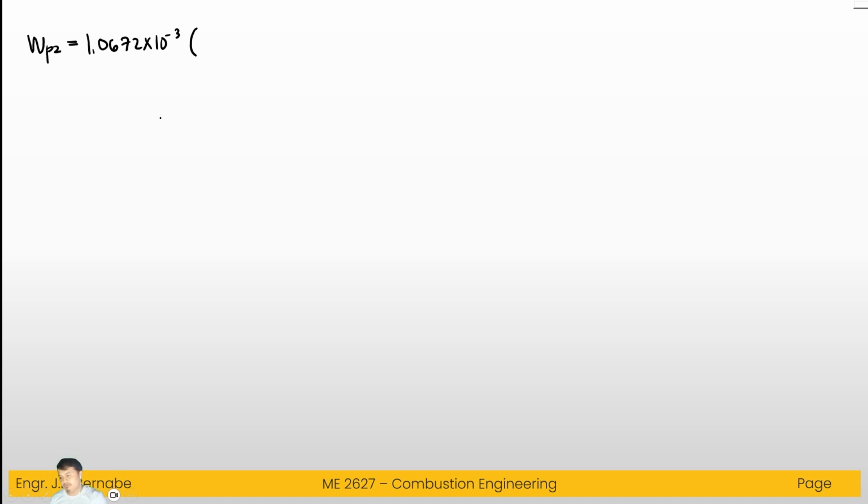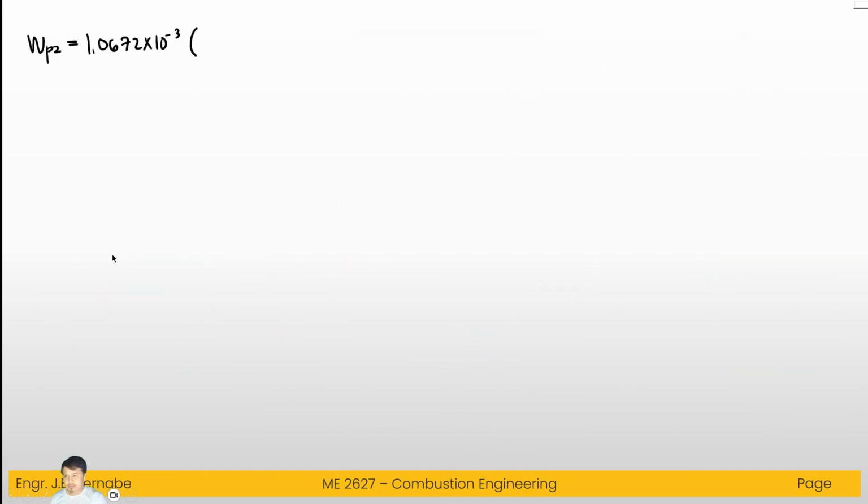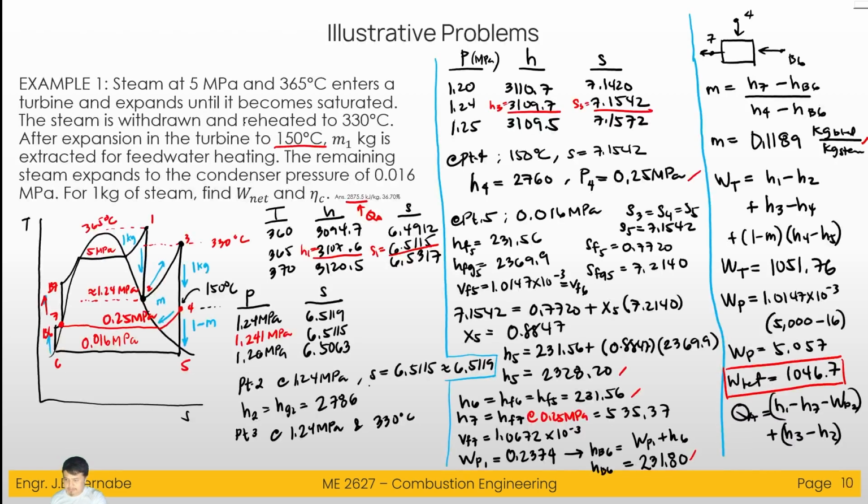And the pressure difference: not this one, 5 MPa, so 5,000 kilopascals minus 250 kilopascals.